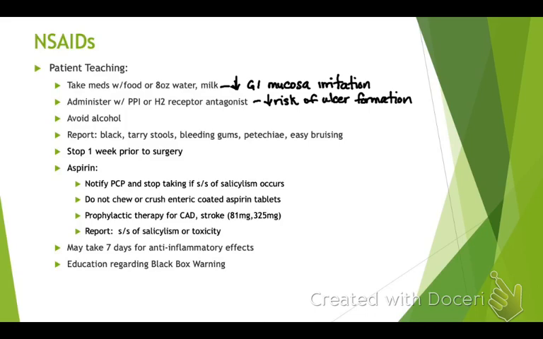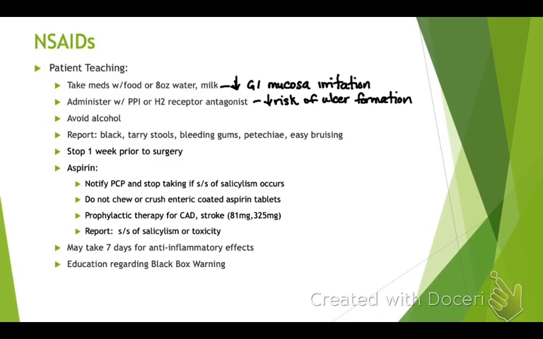You want them to report black tarry stools or bleeding gums, any signs of bleeding that will show that they have an increase in that bleeding. And again, the adverse effects of the NSAIDs, they're not allergies, are going to be dyspepsia, heartburn, and GI bleeding.